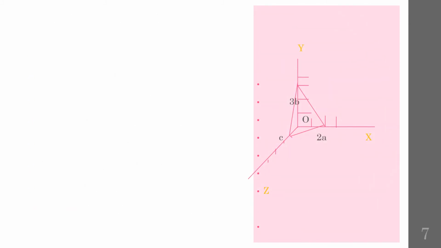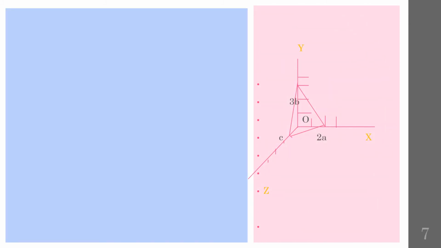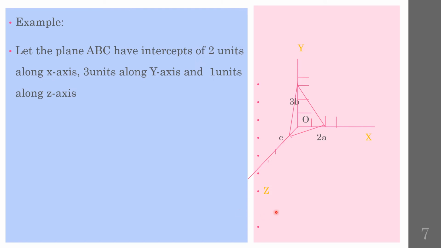Now we will see an example where we will consider this plane. It cuts the x-axis at 2a, the y-axis at 3b and the z-axis at c. So we will write the intercepts as 2, 3, 1.